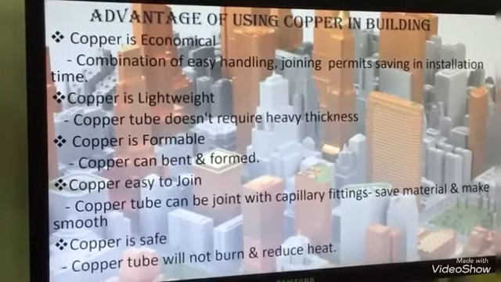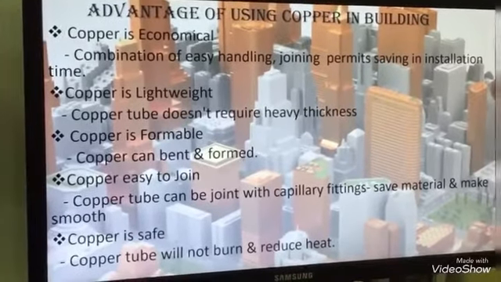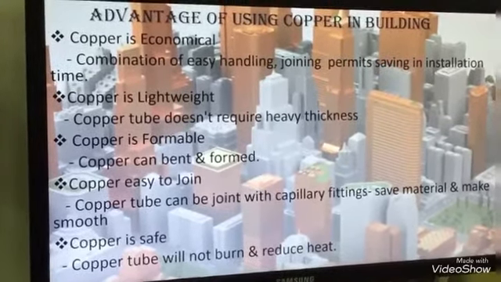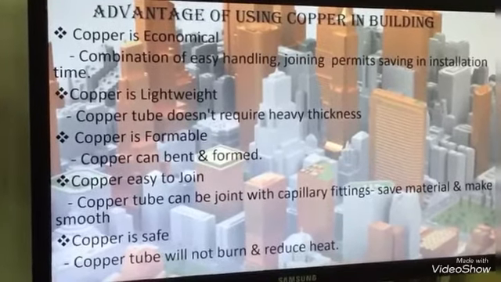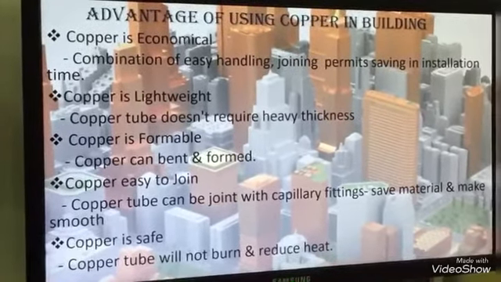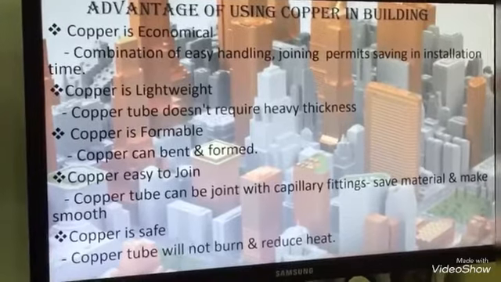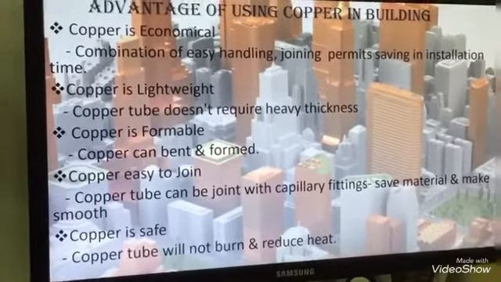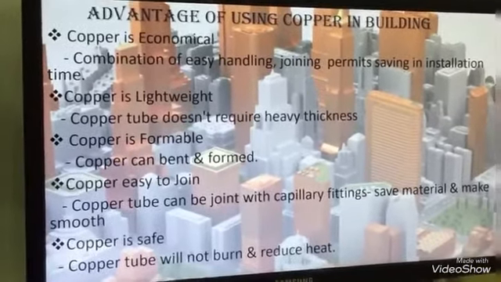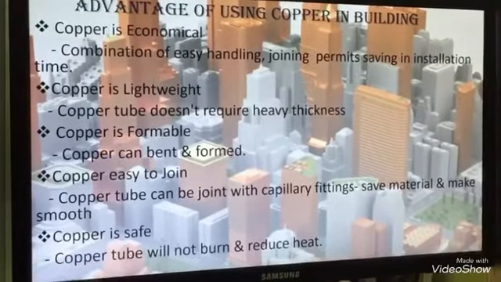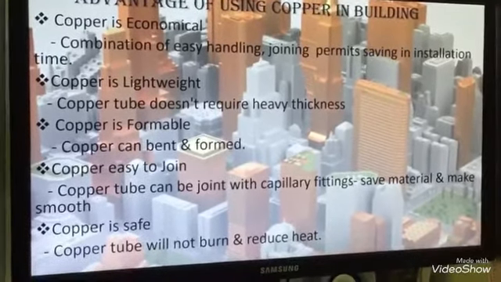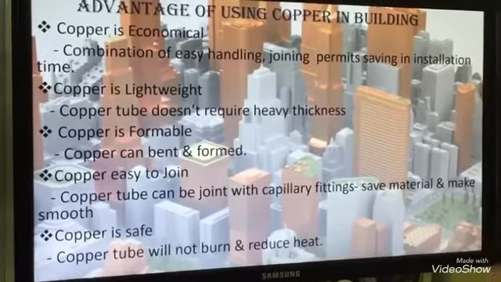The third is that copper is formable. That means it can be bent and formed into the shape required. The fourth is that copper is easy to join. Copper can be joined with capillary fittings, saves material, and makes the surface smooth.